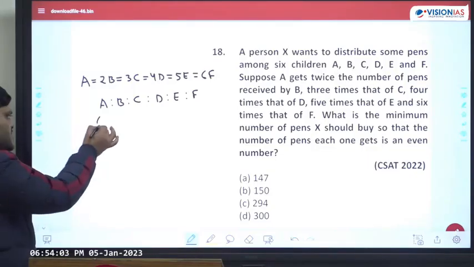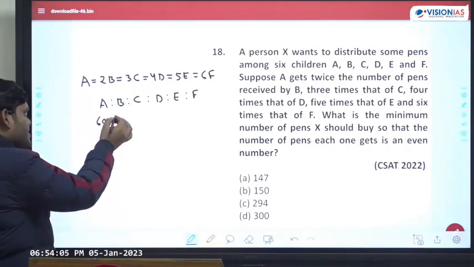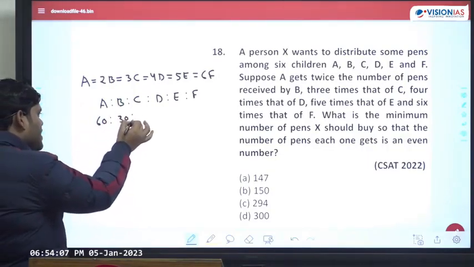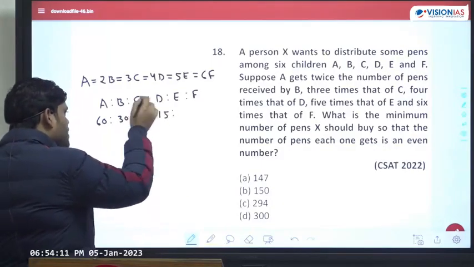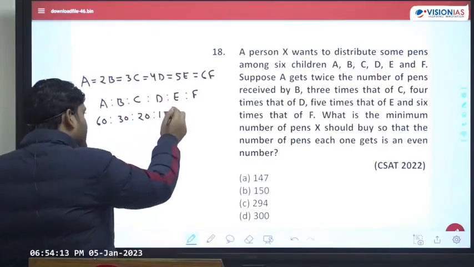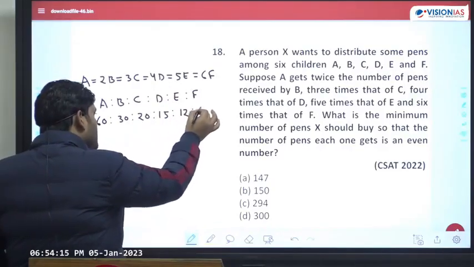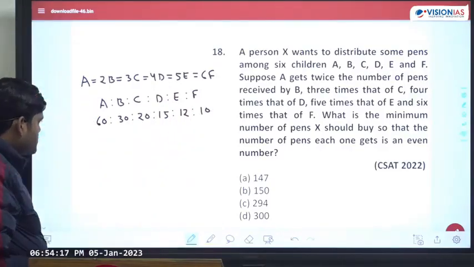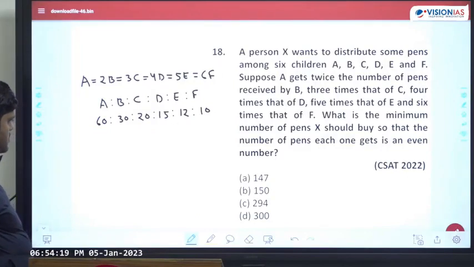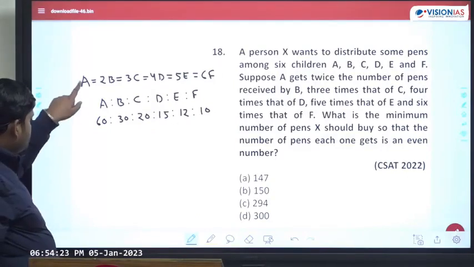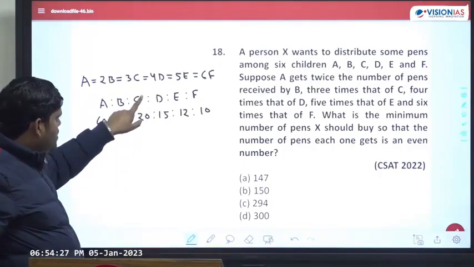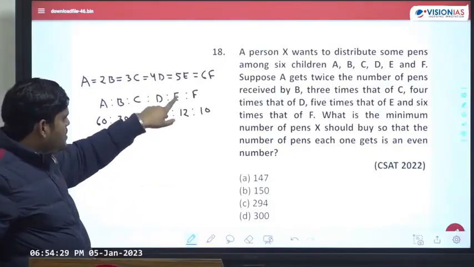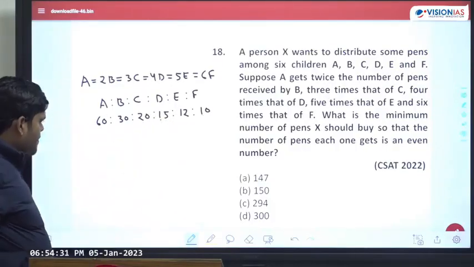So this becomes the ratio 60, 30, 20, 15, 12 and 10.